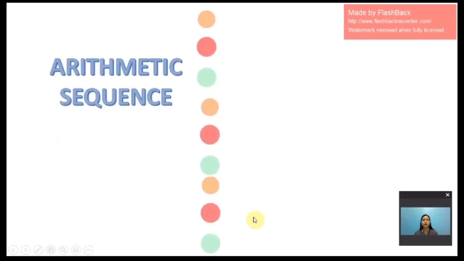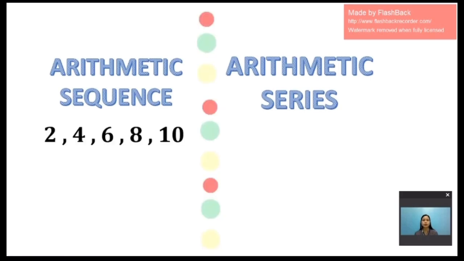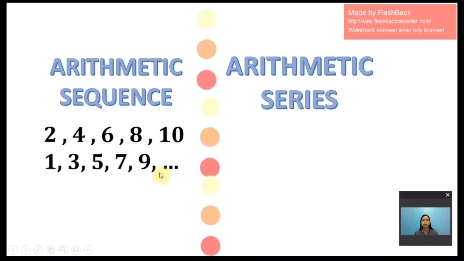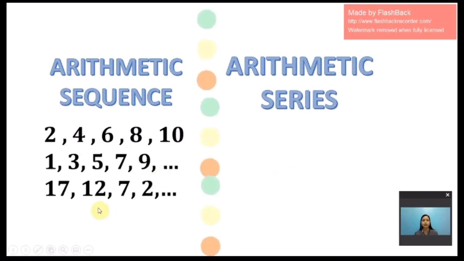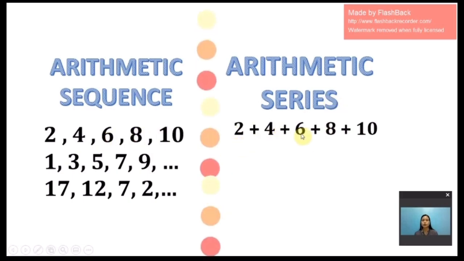If we compare an arithmetic sequence to an arithmetic series based on the examples given, we have 2, 4, 6, 8, 10; 1, 3, 5, 7, 9; 17, 12, 7, 2, and so on. Under arithmetic series, it becomes 2 plus 4 plus 6 plus 8 plus 10.